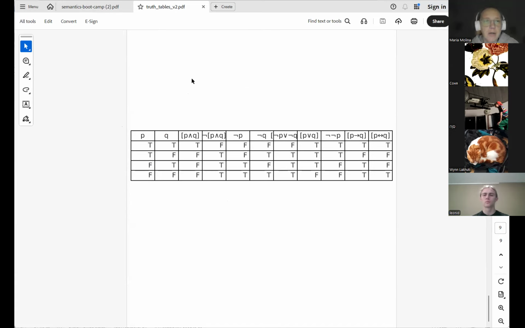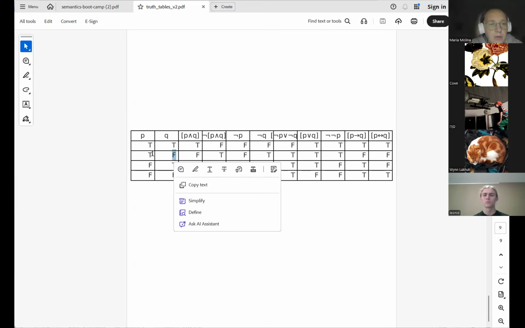The second one, the contrapositive, is: if Q is false, then P is false. Right? How do we agree with the second line? Because Q is false here as well.